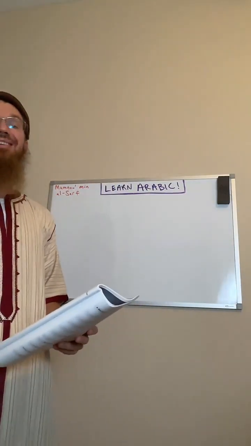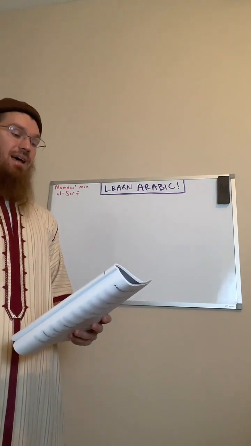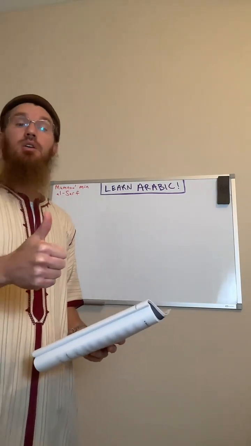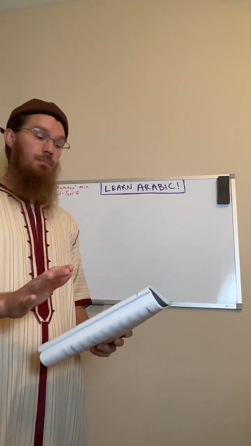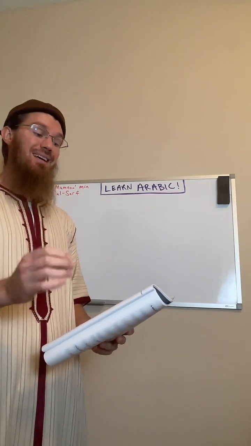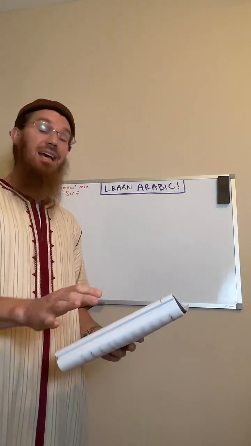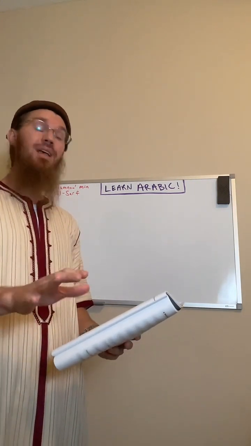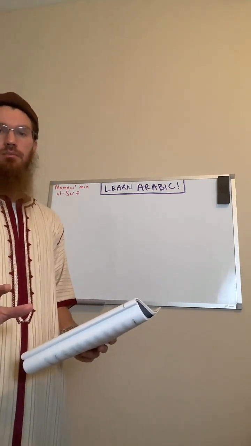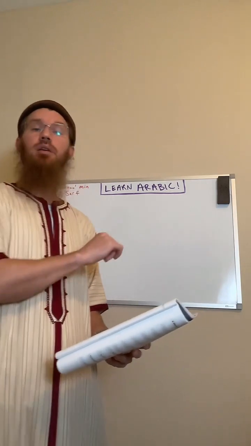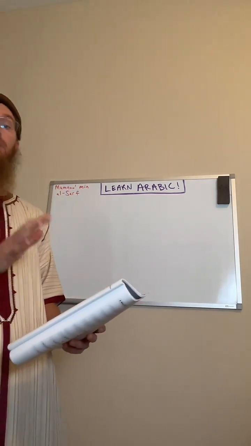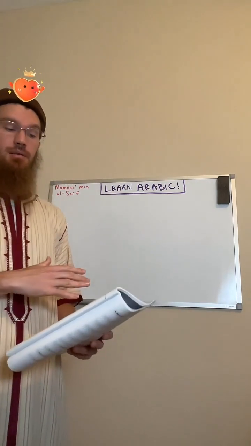Mamnu' min as-sarf is a category of words that, number one, do not take tanween, and number two, take a fatha instead of a kasra when majroor. Okay? So we learned about tanween in previous lessons. We learned about the state of majroor in previous lessons.